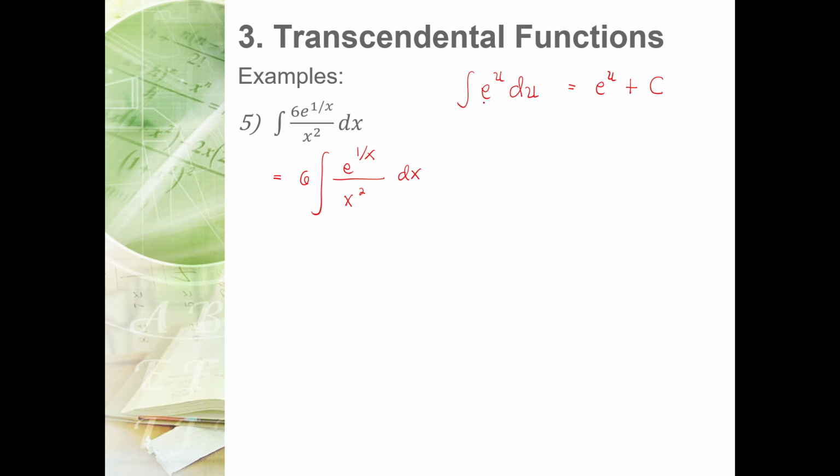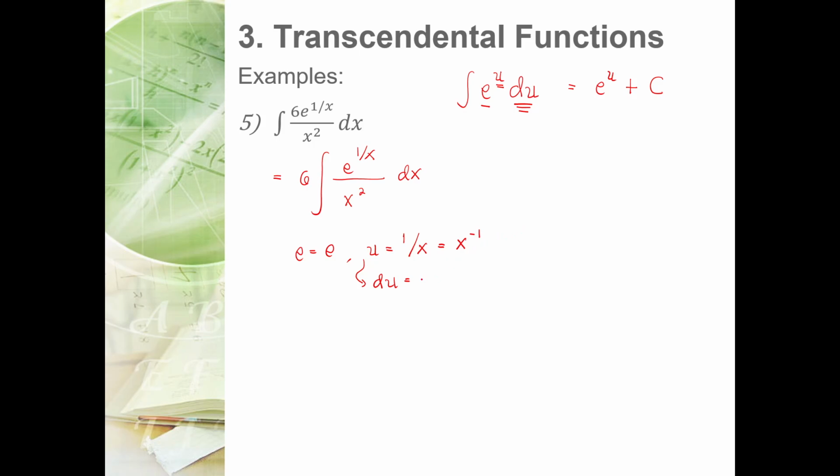Again, we identify your e, your u parameter, and your du parameter. Your e is still e because that's the equation. Then your u parameter is 1 over x. And the du parameter is the derivative of 1 over x. So you won't be confused, let's convert this into its exponential form, x raised to negative 1.